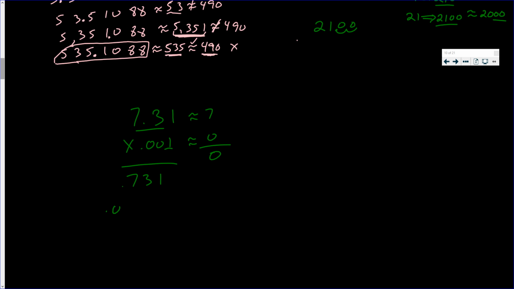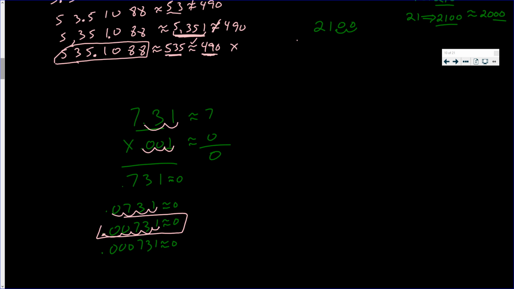No, maybe the decimal goes here, maybe the decimal goes here, maybe the decimal goes there. All of these numbers, except maybe this first one, are around 0. You have to count in. 1, 2, 3, 4, 5. 1, 2, 3, 4. No. 1, 2, 3, 4, 5. There it is. There's your answer: 0.00731. You can't do it without counting.